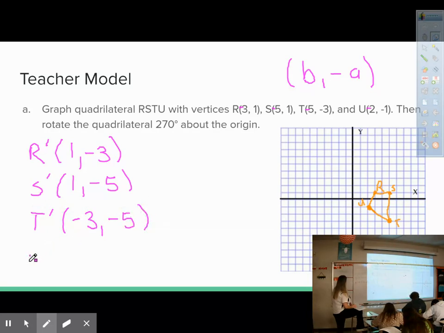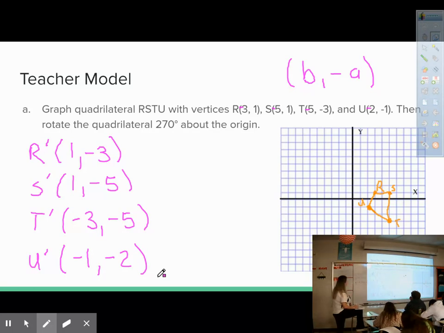And U prime would be (-1, -2). Okay? And make sure you're checking my math. If you see that I forgot to skip something or left off a sign, let me know. Alright, now that I have all my new coordinates, I can just graph my new quadrilateral.